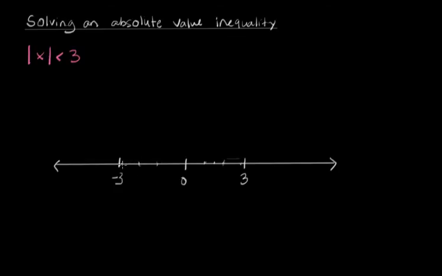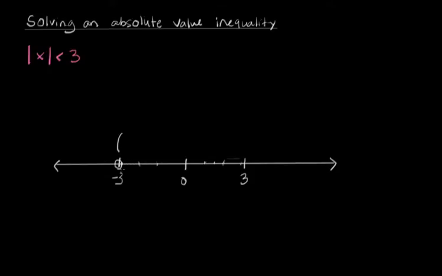-2.99, all the way up to -3, right? But not including -3. So we typically mark an open circle, or sometimes we would actually go ahead and mark a parenthesis, just like we would in our interval notation.